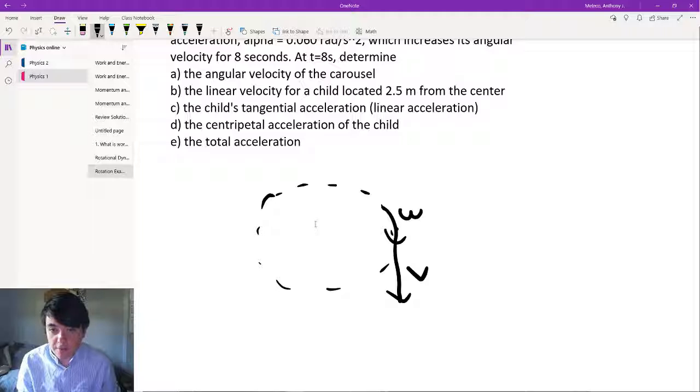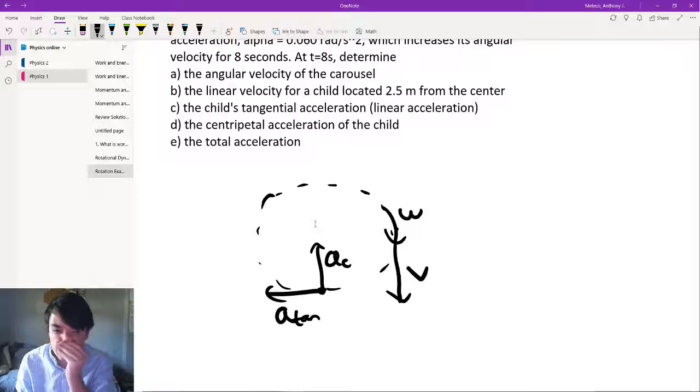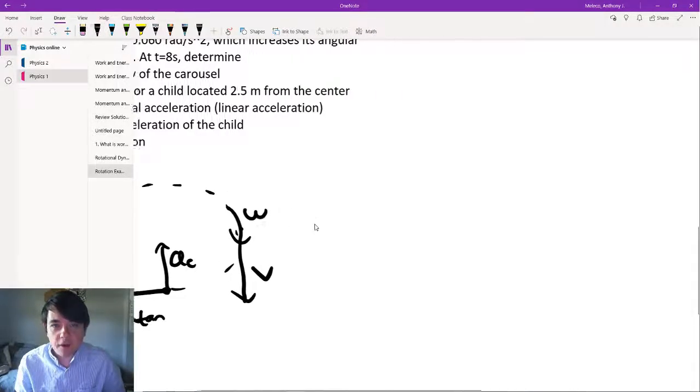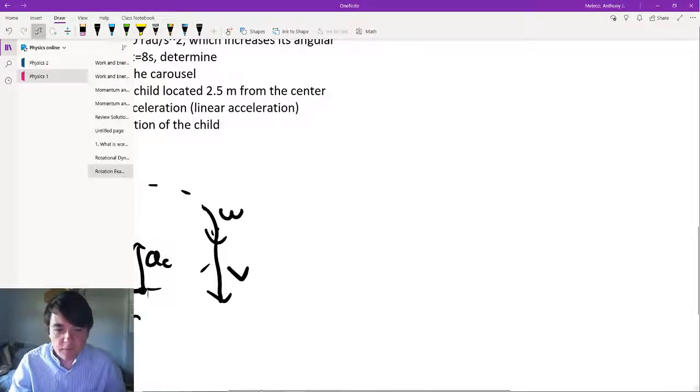You could also have a linear acceleration, and also the super important centripetal acceleration, right? That center seeking, that's what centripetal acceleration stands for, caused by the centripetal force, which pulls the object inward. So you can have all of that stuff.